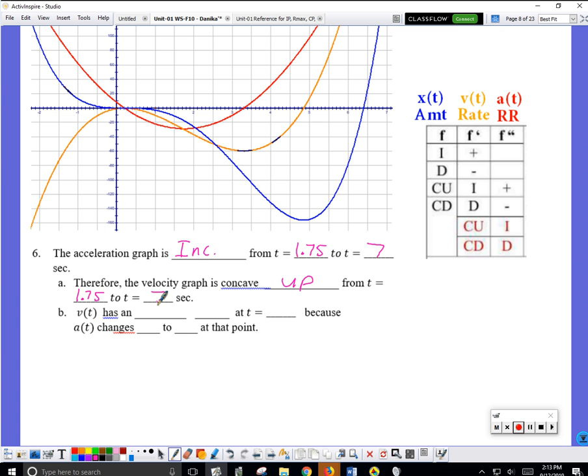Questions on that? Please. How do you know it's asking you increase or decrease? The only reason I know that is I know they're talking about acceleration and velocity. So I'm looking at these 2 columns, and then I notice that they're asking something about the concavity of the velocity.